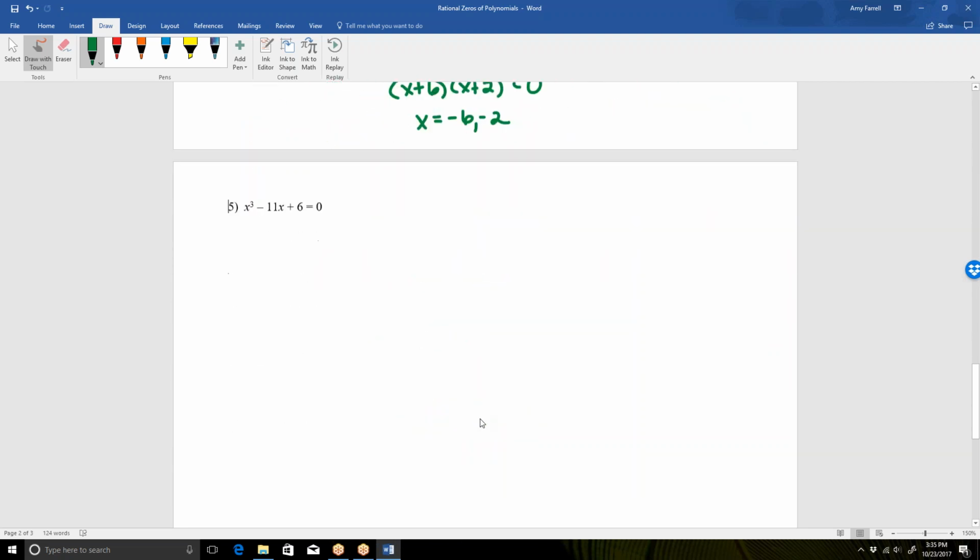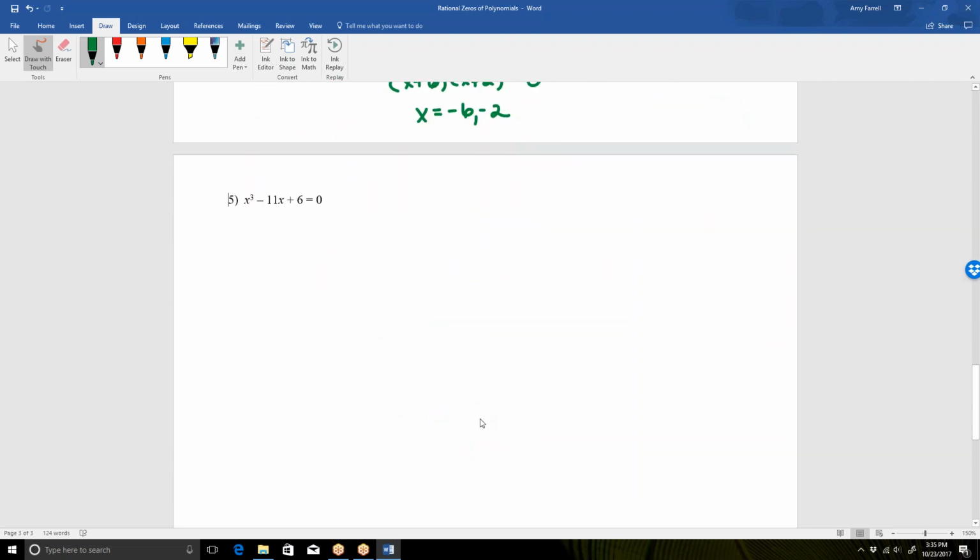Okay, last one in the video here. So I am going to start and list the potential rational zeros by first looking at the factors of positive 6. Not that that's going to change anything. Factors of 6, plus or minus 1, plus or minus 2, plus or minus 3, plus or minus 6.